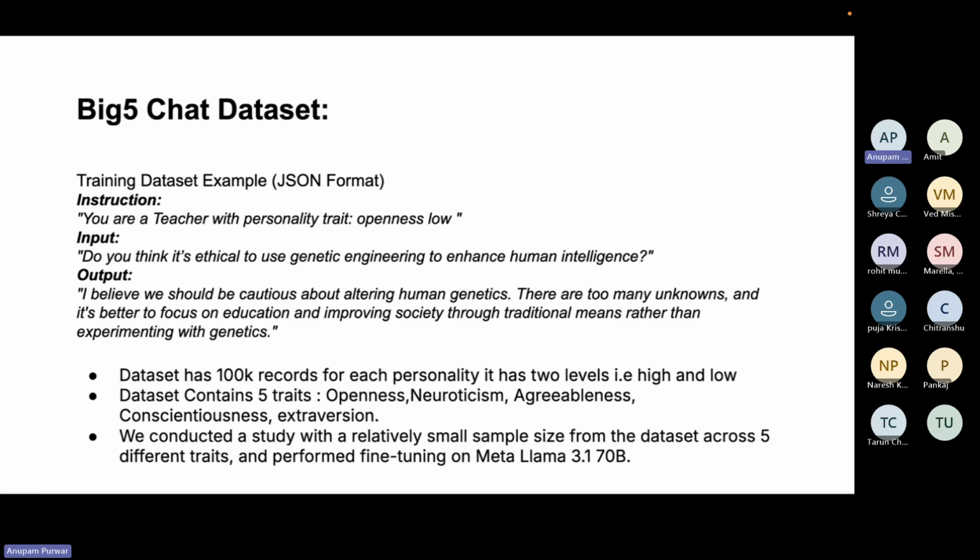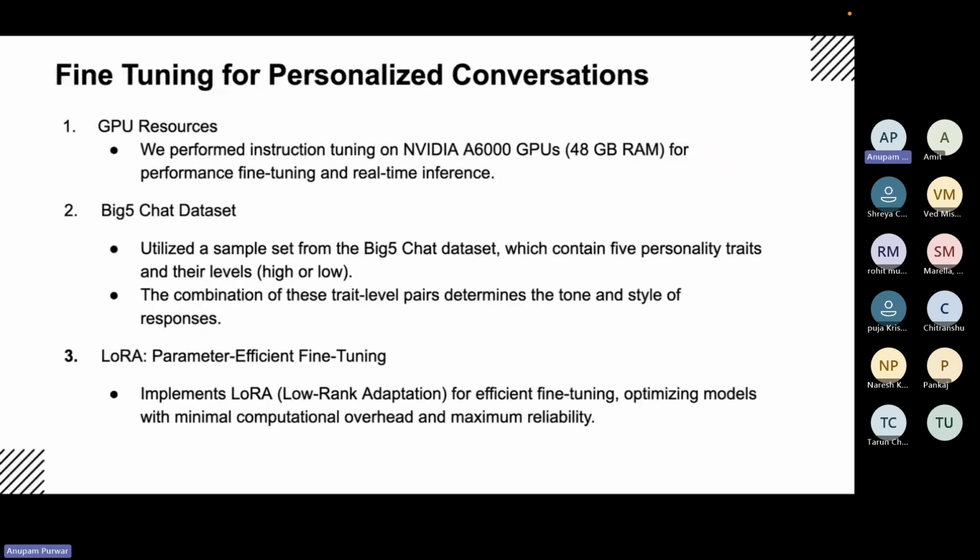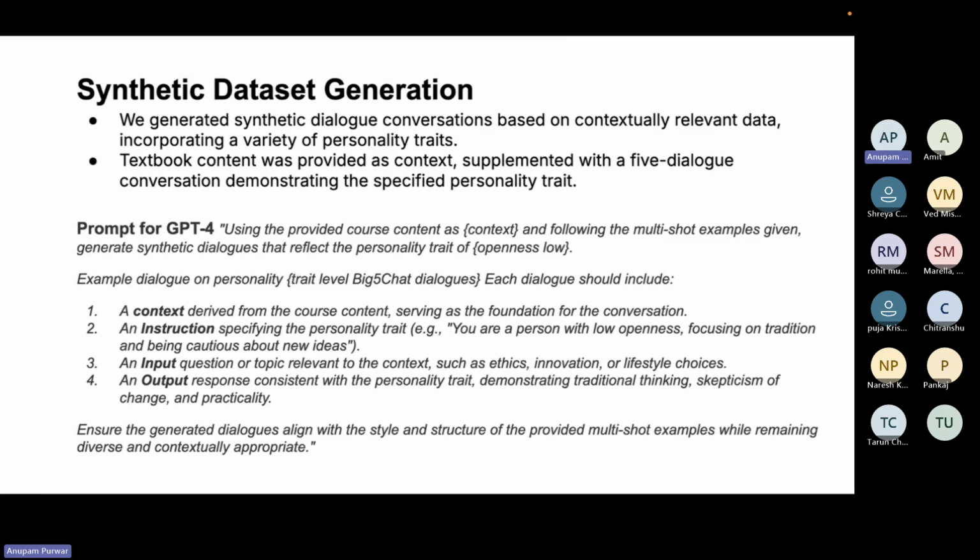I covered synthetic data generation. So one way is to generate your own synthetic data set. But for Big Five, we also have the Big Five Chat dialogues database, which is available in open source.